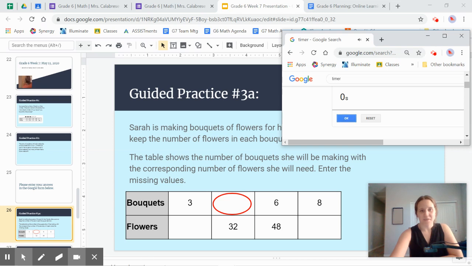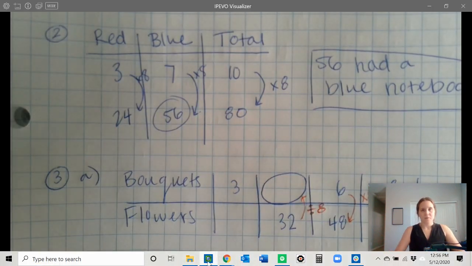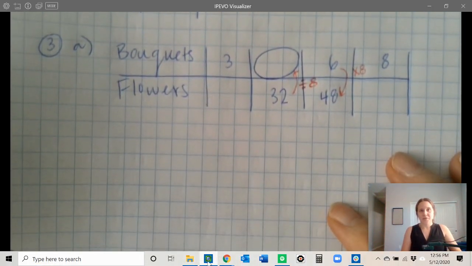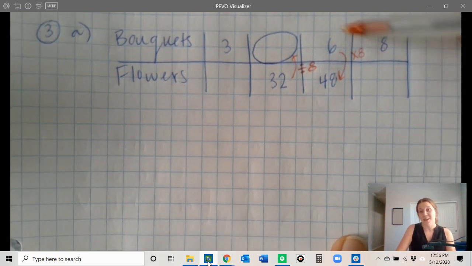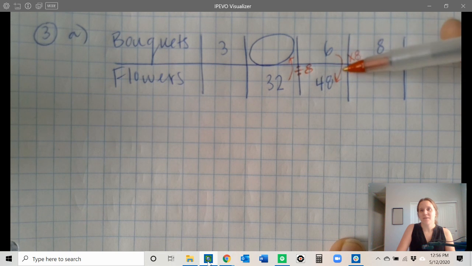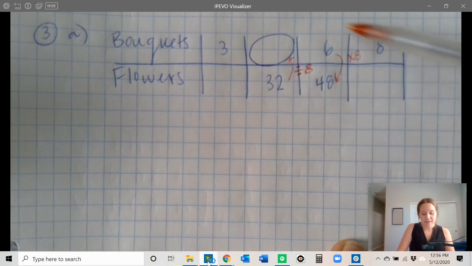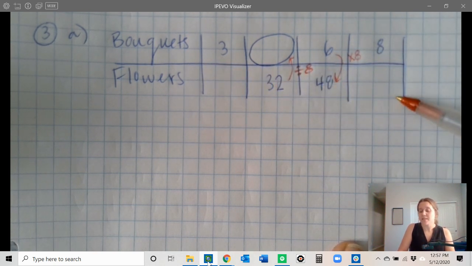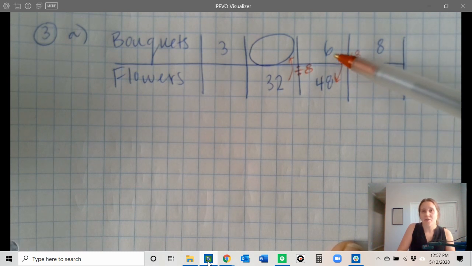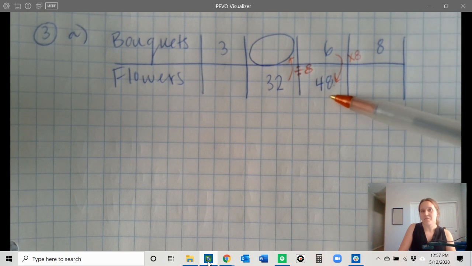All right, let's review. When I was answering this question, I noticed that the within ratio relationship, which is my constant of proportionality, was times 8 because 6 times 8 is 48. I can identify that relationship in the one complete ratio I'm given. All these other ratios have one missing part. So I know that the relationship is times 8, so number of bouquets times 8 equals number of flowers.